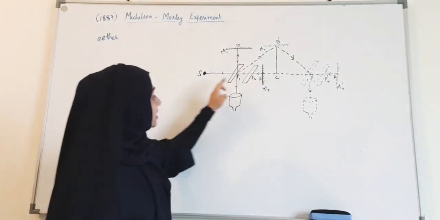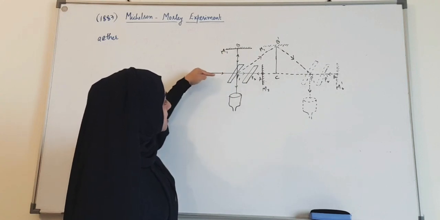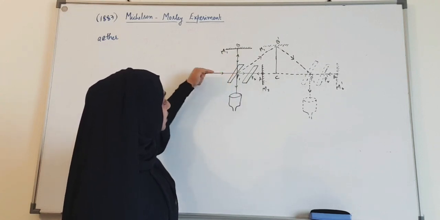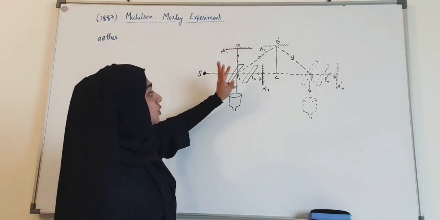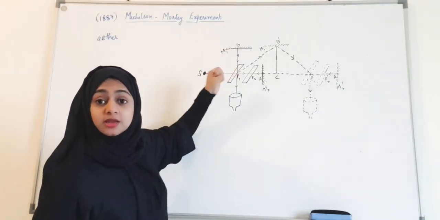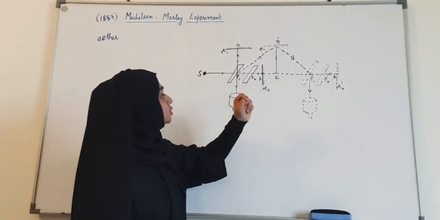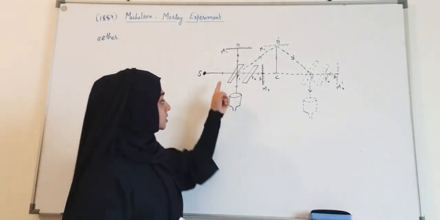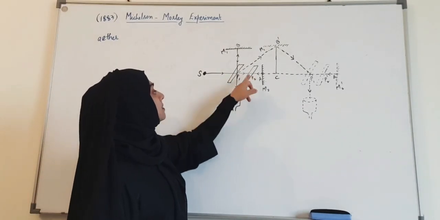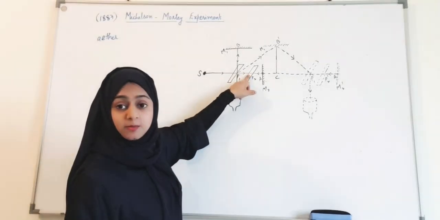See, the light ray which travels up to mirror M1 will pass through this plate P1 thrice. When it goes in, up, and comes down. So it will pass through this plate 3 times, while the light ray that gets reflected by M2 will travel through P1 only once. In order to compensate for that, plate P2 is kept. So this is called the compensating plate.